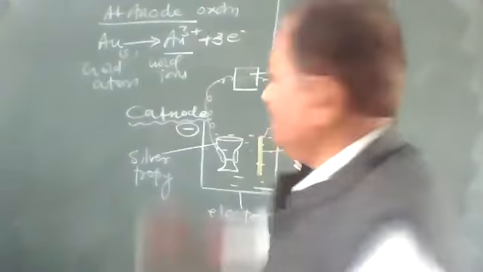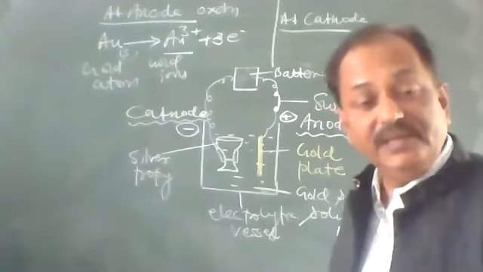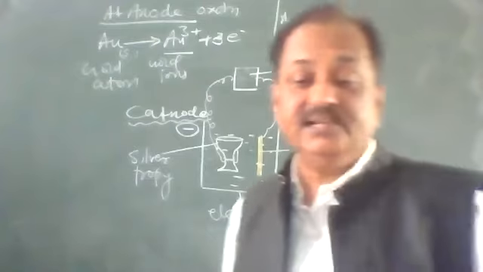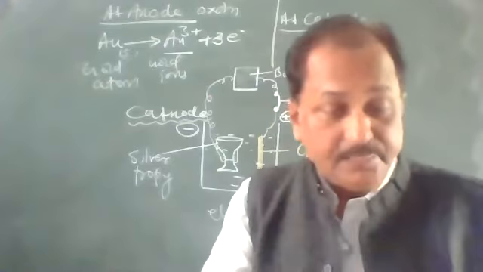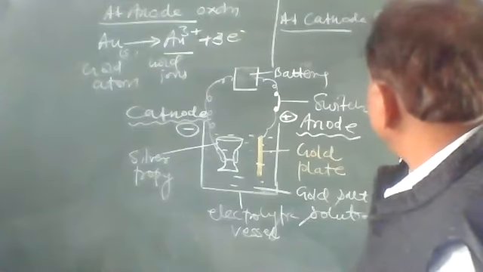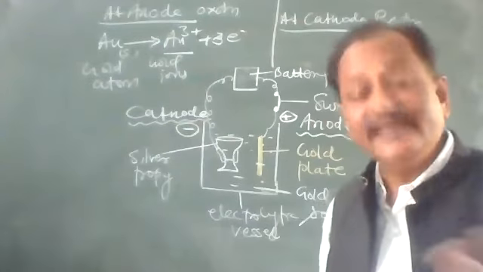When oxidation is taking place at the anode, what happens? There will be reduction. In chemistry, oxidation and reduction both take place together. So here there will be reduction. Oxidation is loss of electrons, so reduction will be the gain of electrons.